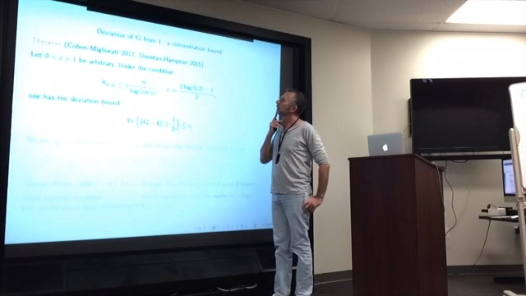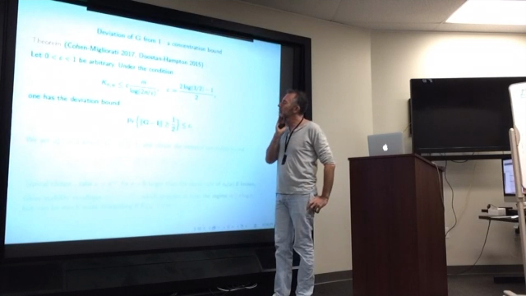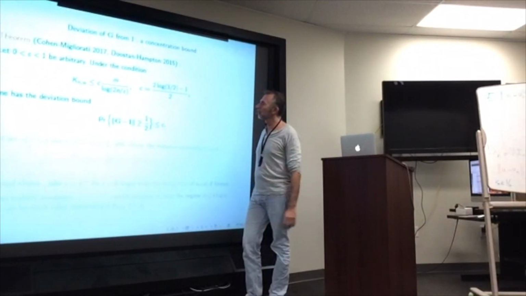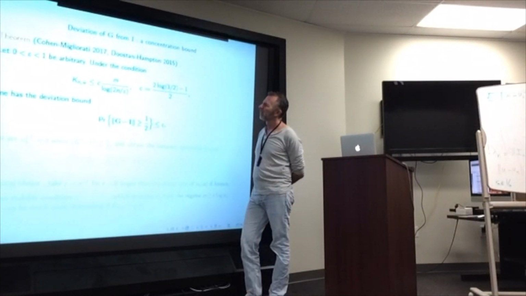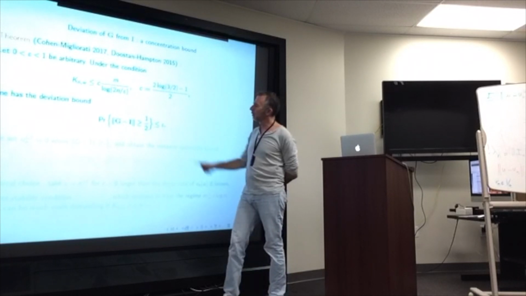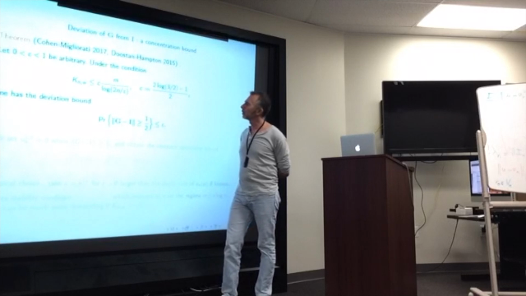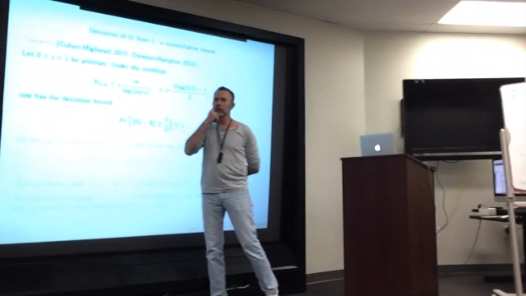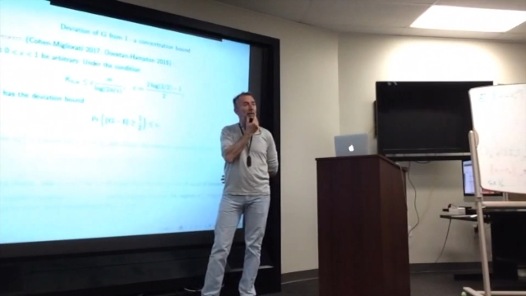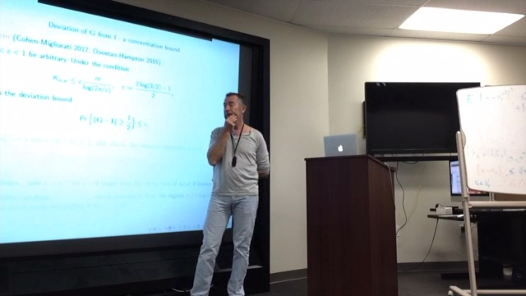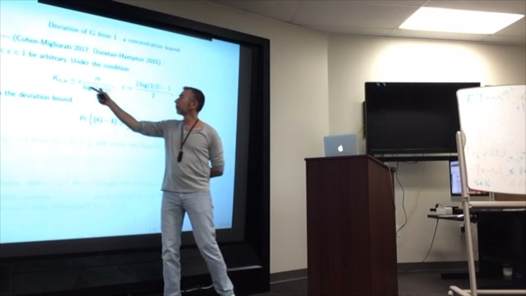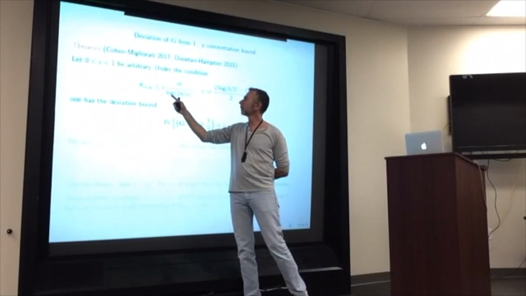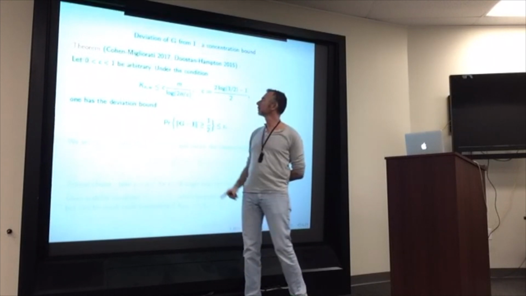I really have to give credit to them. We rediscovered this in a more general framework. The theorem says the following. If you want this probability to be less than epsilon, a sufficient condition is that this quantity Knw that I defined in the previous slides is bounded by m divided by log of 2n divided by epsilon.